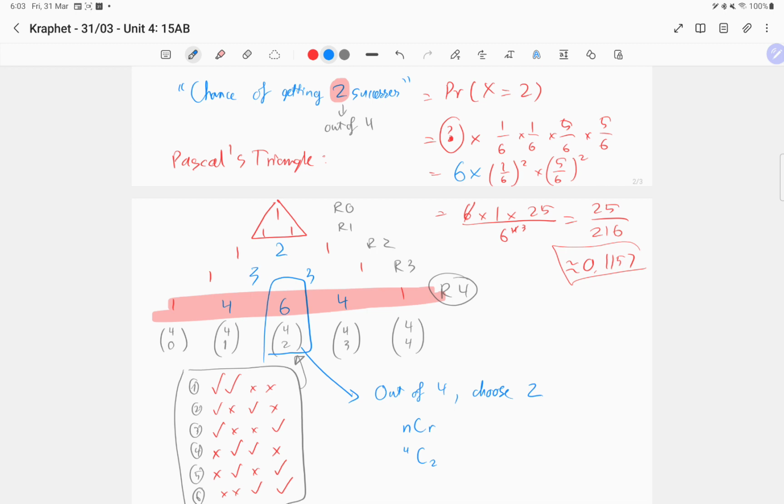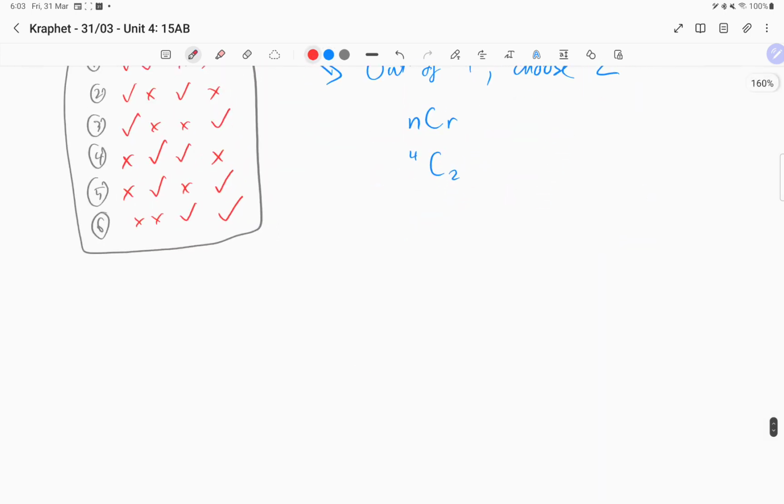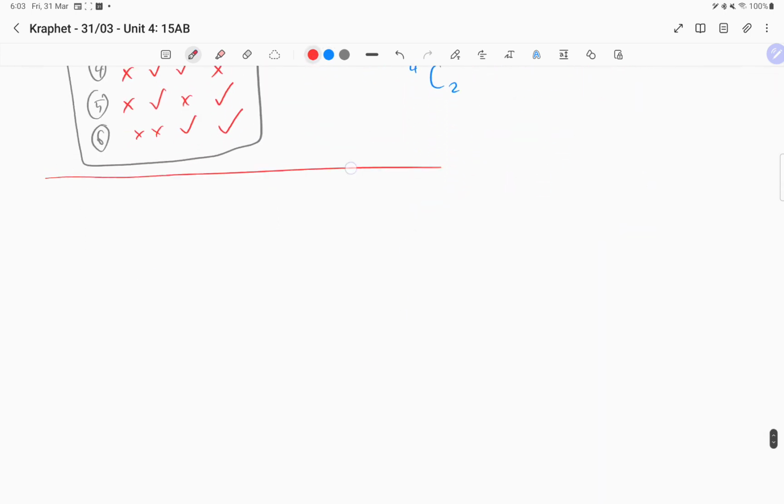Now I think I will use one of the actual examples to go through. Actually, the next part would be let's try to derive the formula. So far we have seen the probability of getting, let's say, 2 successes out of 4 trials.